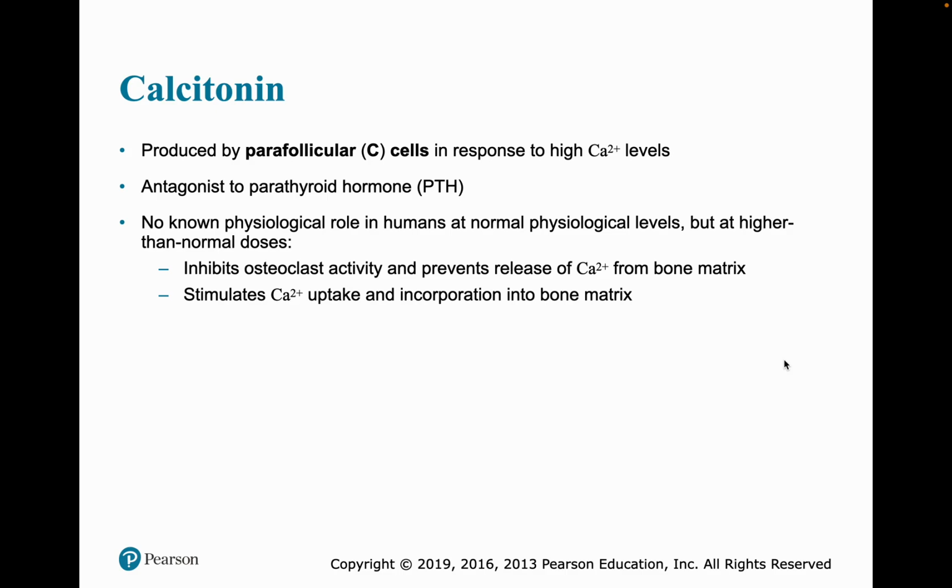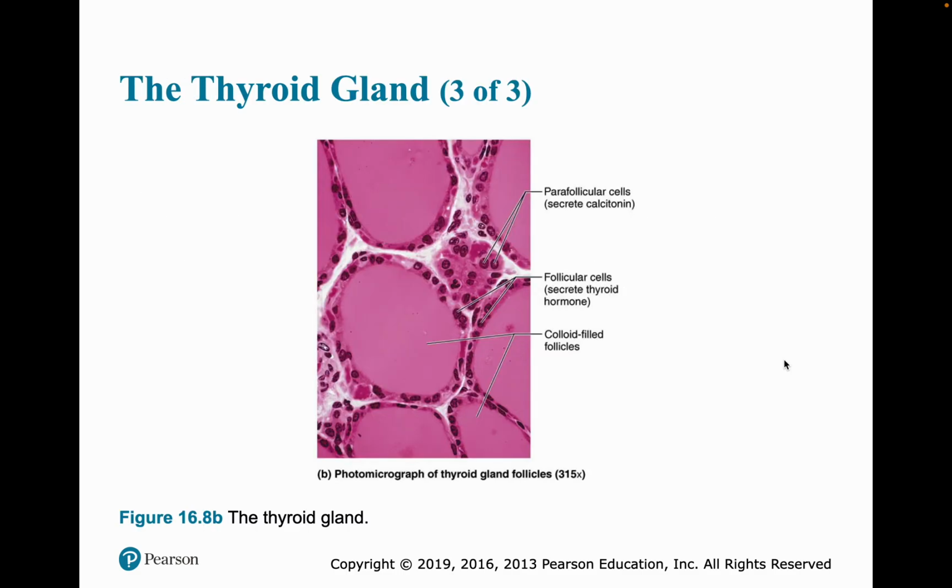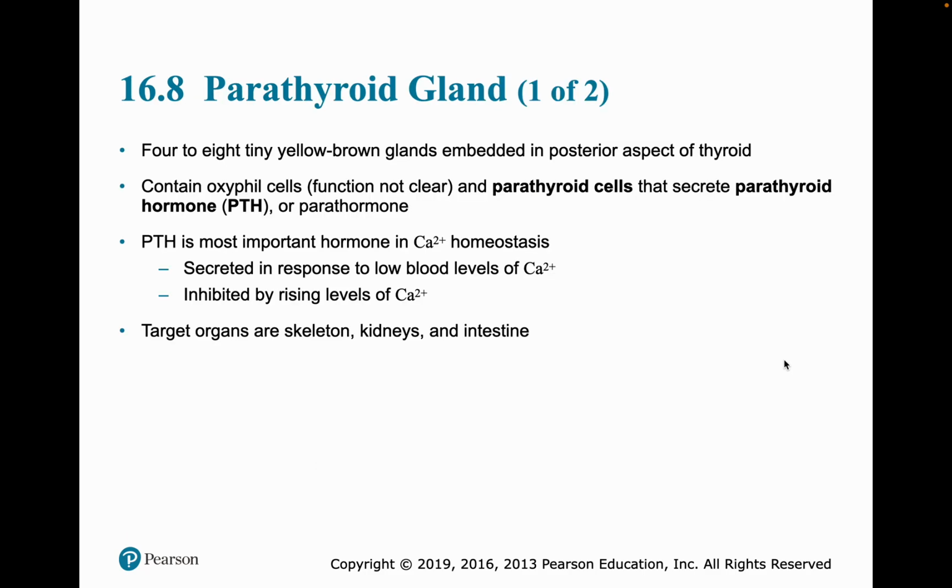But if it comes up at higher than normal doses, it can inhibit osteoclast activity and prevent the release of calcium from bone matrix and stimulates calcium uptake and incorporation into the bone matrix. So physiological levels don't seem to do much. So again, the thyroid gland, the follicles, parafollicular cells, and the follicular cells.